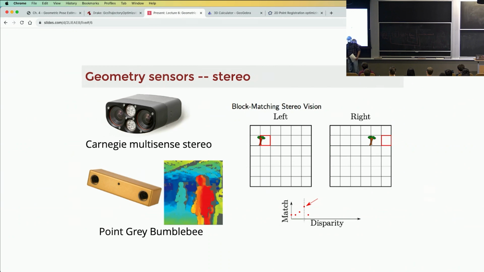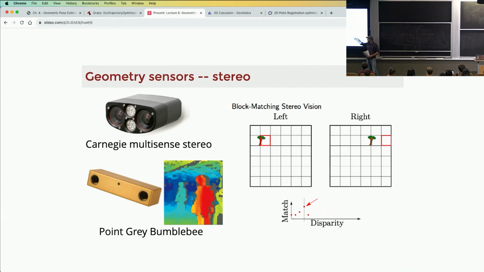So if you take an image with your right eye and an image with your left eye, and you know the relative position of your eyes, you can do some quick stereo matching that says, well, this block over here looks a lot like the blocks over here, and therefore the depth of those pixels must be at a certain range. Okay. People do that now on FPGAs, for instance, on specialized hardware, so that you can package it nicely into a block that basically is just outputting both an image and a depth.